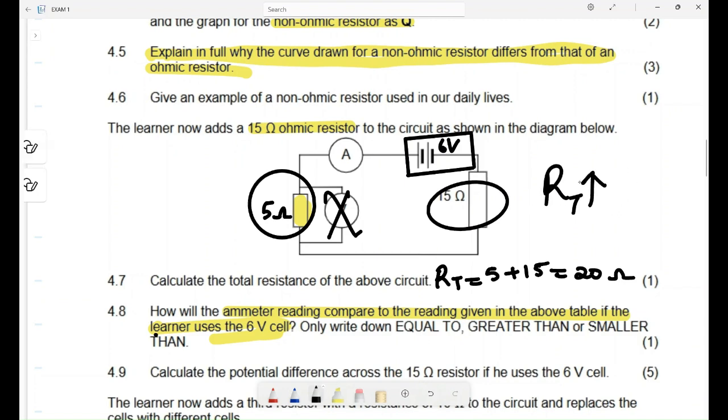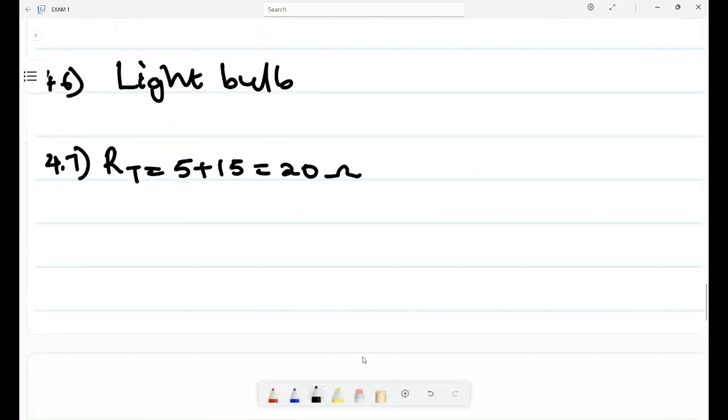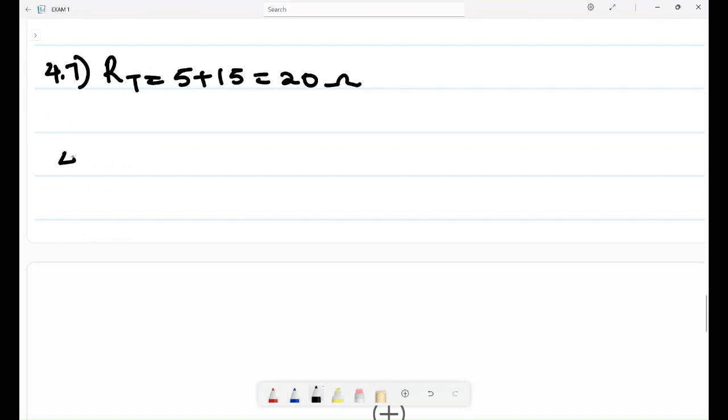Therefore, if the total resistance increases, the current will decrease. Similarly, the 6 volt that is used is small, so it will cause the current to be smaller than. The answer is smaller than.